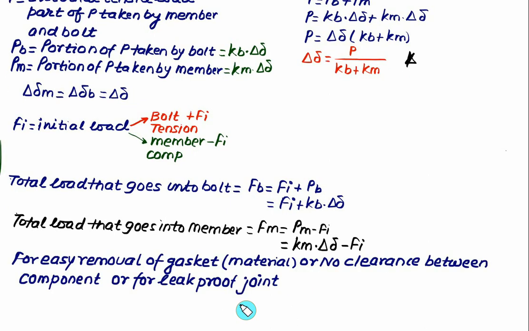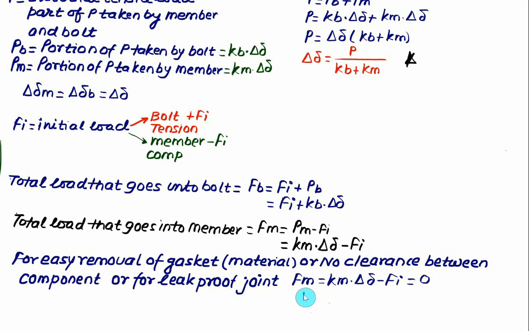Sometimes you have to find out the condition for the easy removal of a gasket, that is a material, or there is no clearance between the component, or for leak proof joint. In that case, we can force the value of Fm equal to 0. So we have Fm is equal to Km multiplied by del delta minus Fi. You have to make this value equal to 0.